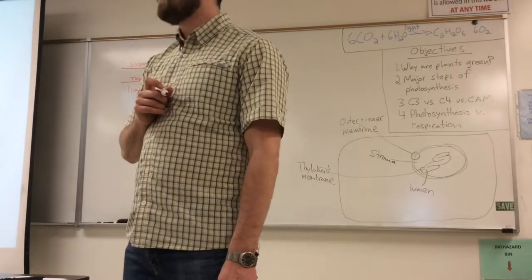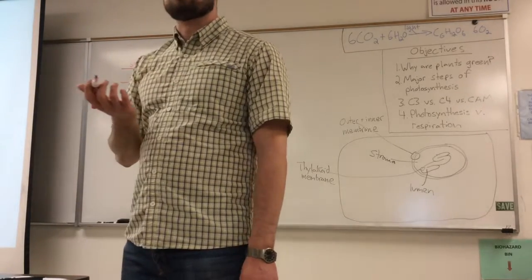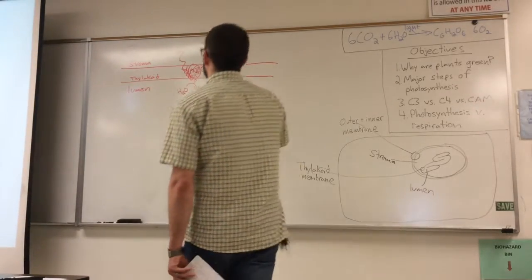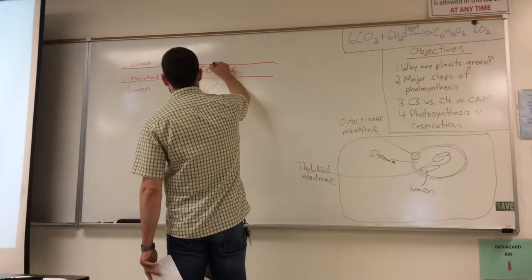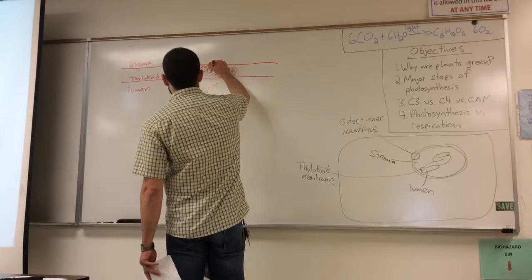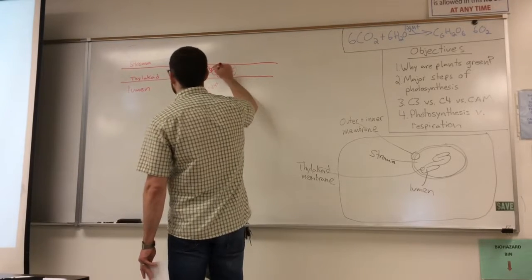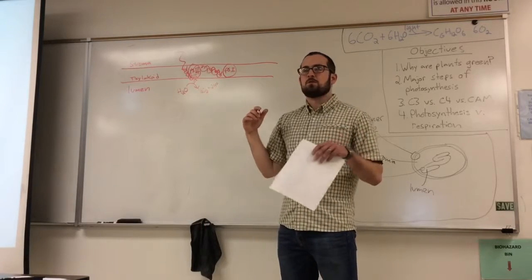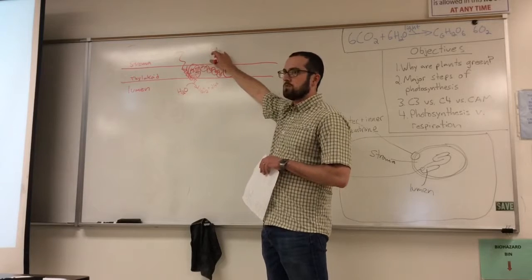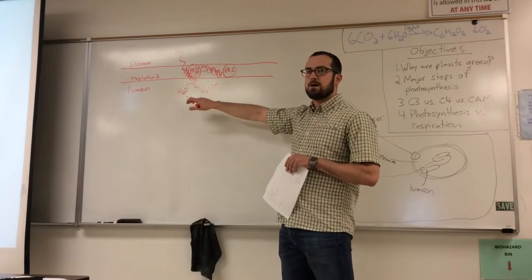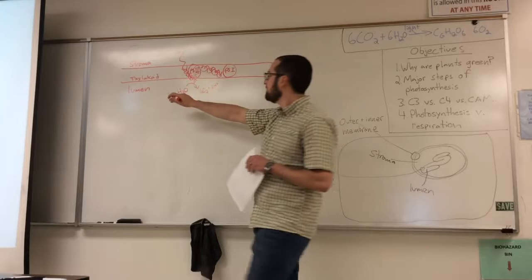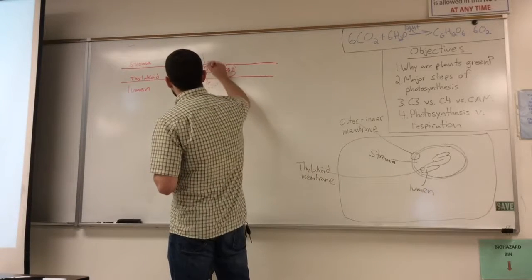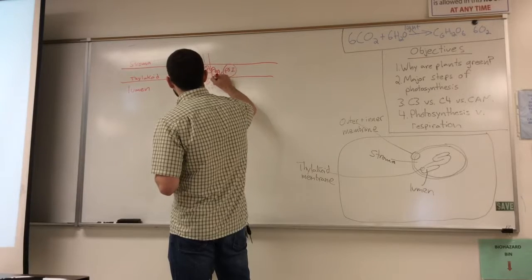Yeah, and so we're going to be doing basically the same thing that we did in class on Wednesday, in that we're going to be transporting our electron down an electron transport chain. And while we're doing that, we're going to be pumping protons from the stroma into the lumen using the energy from that electron. So protons.